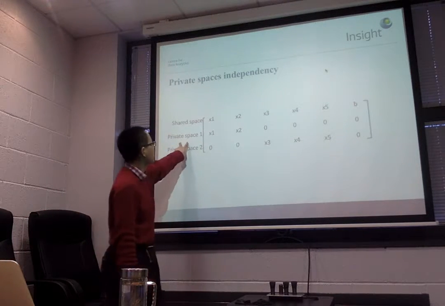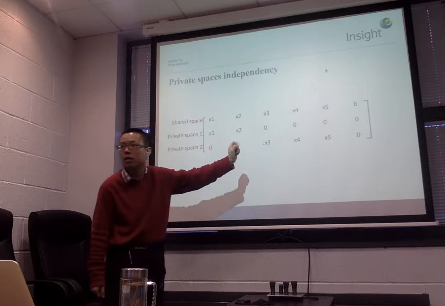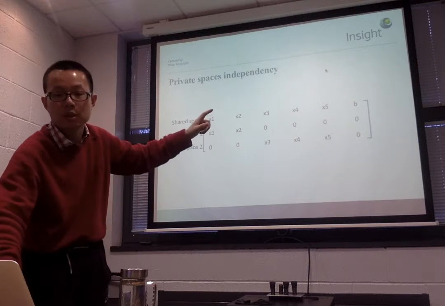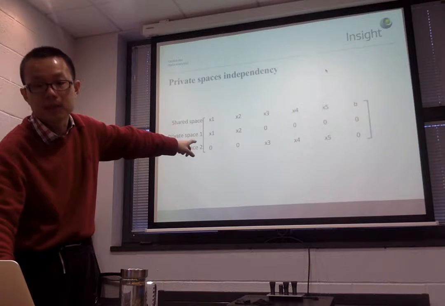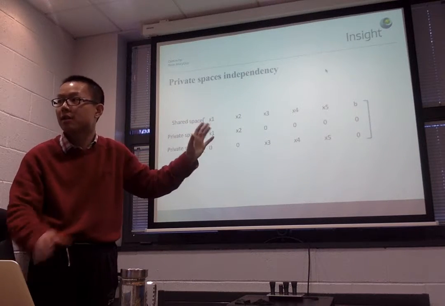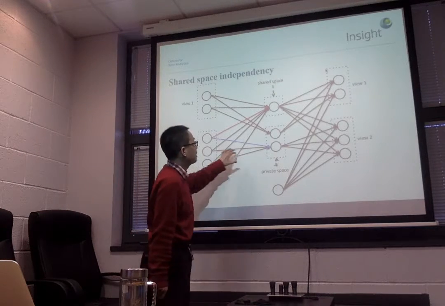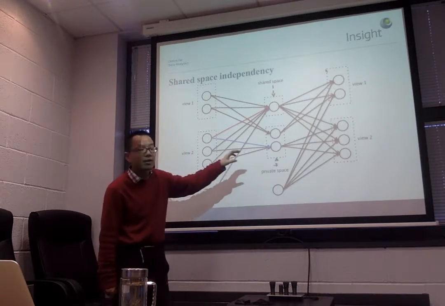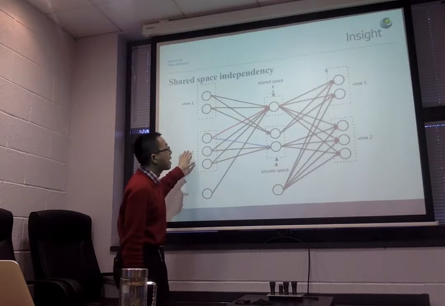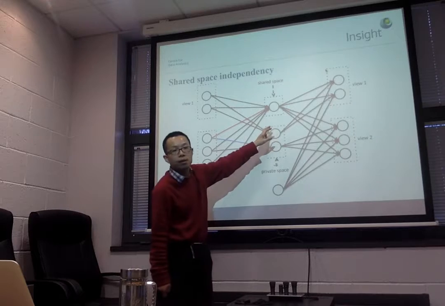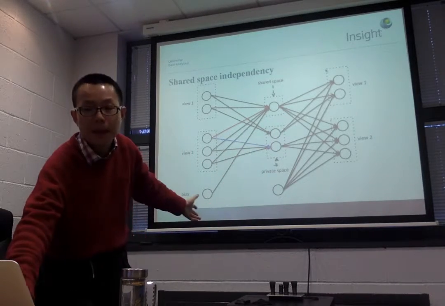As you can see, the private first space and private second space will be orthogonal, and that will make the private spaces independent of each other. And in order to make the shared space independent of the private space, we assume that there is some information which is private, but still goes to the shared space. If it goes there, then it is no longer independent.